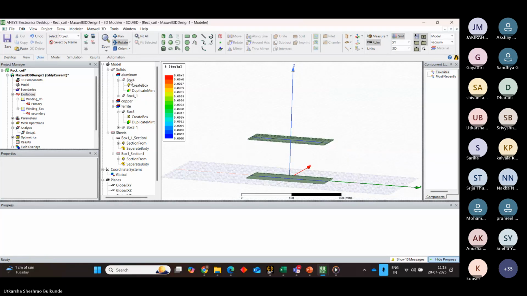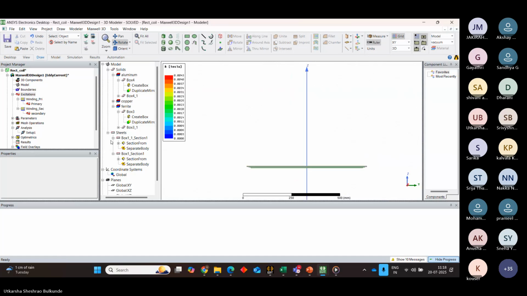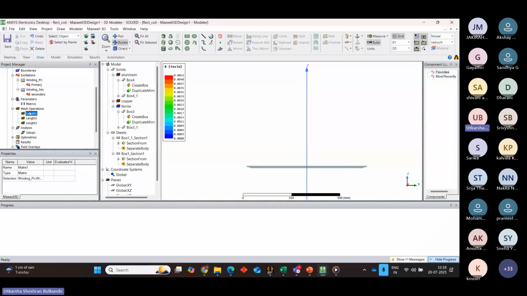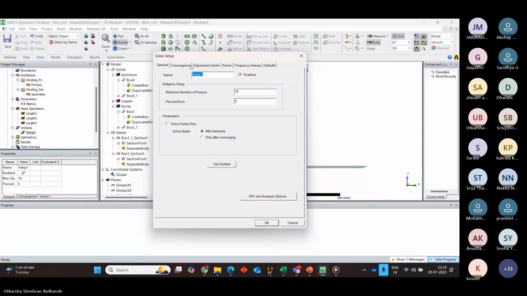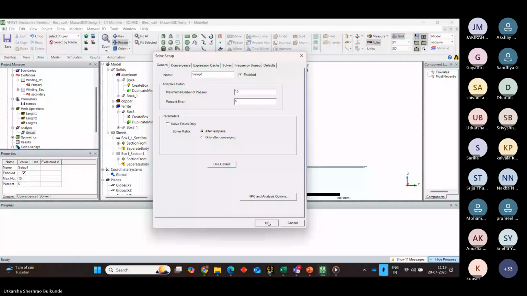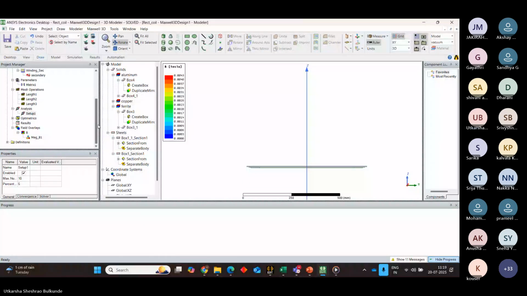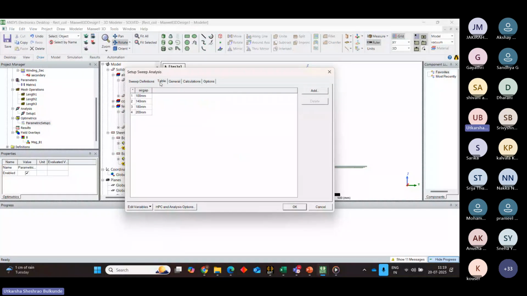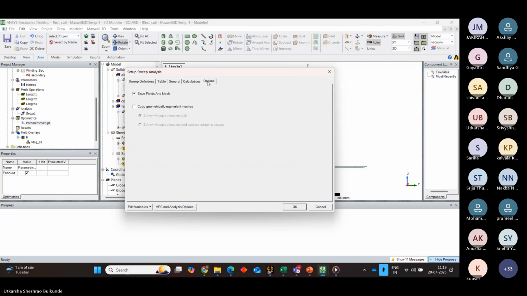And in parameters matrix, I've selected. This is also correct. Mesh operation I have given, that is also correct. Analysis setup, 85 kilohertz, right. This is also correct. The matrix at 50, save field and mesh.